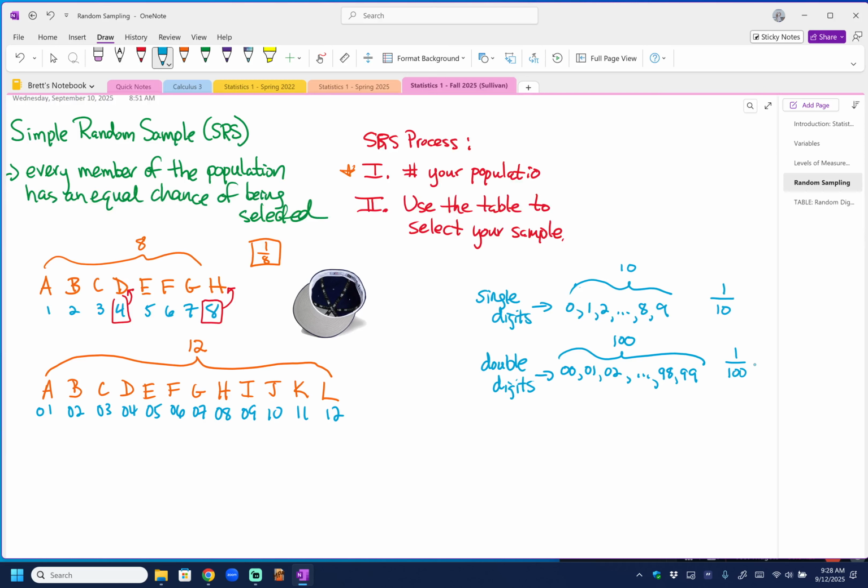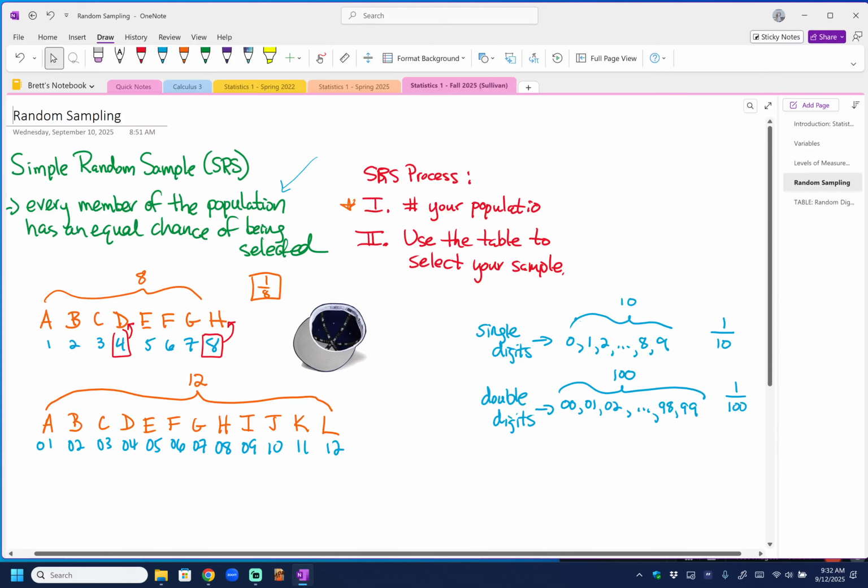That violates this definition, because every member wouldn't have an equal probability of being selected, which means we have to ensure that's always the case. Hence why we have to make sure that when we number our population, it's always by a consistent number of digits.